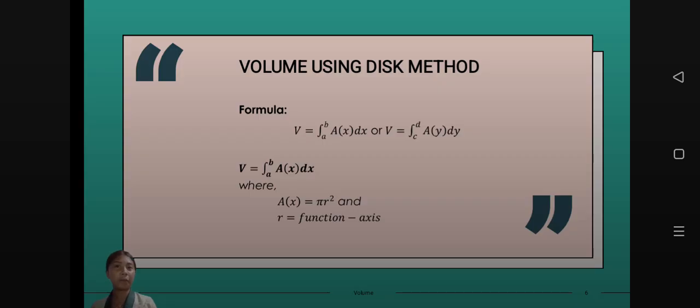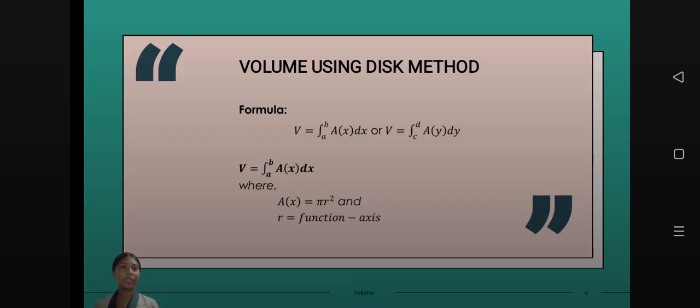So we have here 2 pi, the integral from 0 to 1, of negative 2y sine inverse of y dy plus 2 pi, the integral from 0 to 1, of pi y dy.